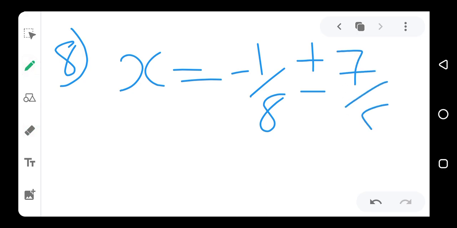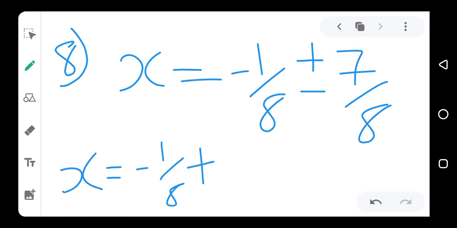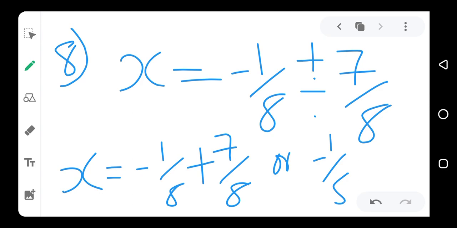And so x is equal to minus 1 over 8 plus 7 over 8, we take the first sign, plus, and or minus 1 over 8, we take the second sign, minus 7 over 8.